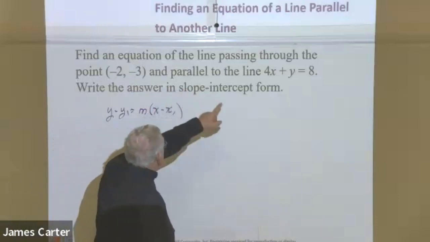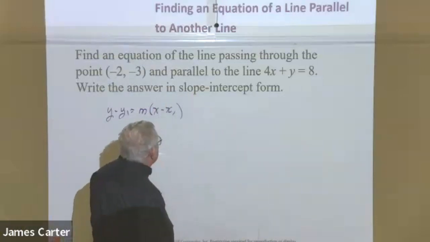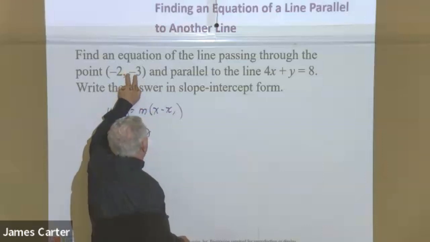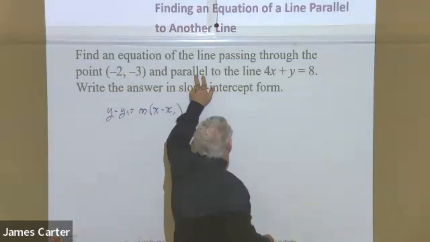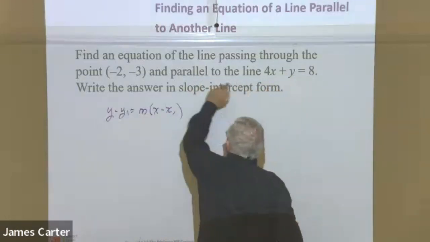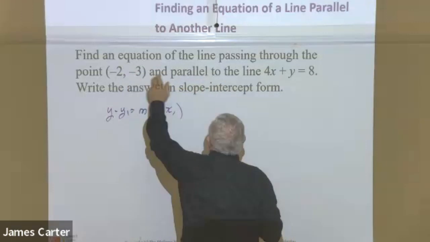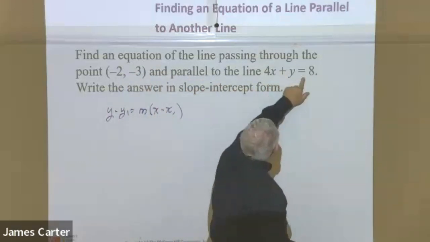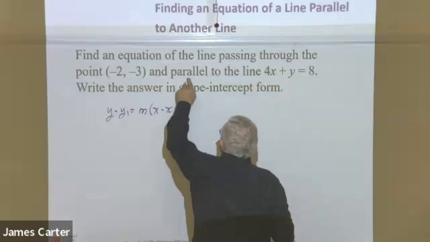Now, it doesn't tell me the slope. It says that the line going through this point has to be parallel to this line. Now, what that's implying is this line is different than the line that goes through this point, but I've got to depend on this line to get the slope since they're parallel.